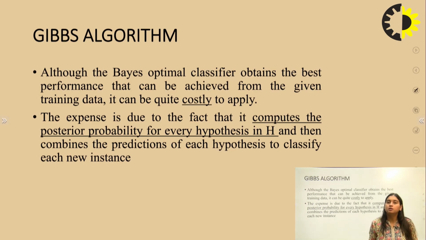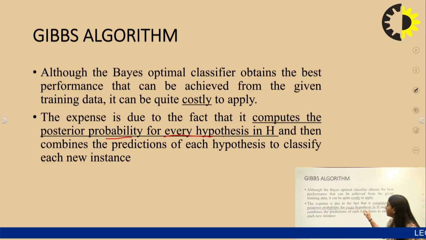Now I'll discuss the limitation of the Bayes optimal classifier, which can be resolved with the help of the Gibbs algorithm. Although the Bayes optimal classifier outperforms all other methods and obtains the best performance that can be achieved from the given training data set, it is quite expensive to apply. And why is it expensive? The logic is that it computes the posterior probability for every hypothesis.